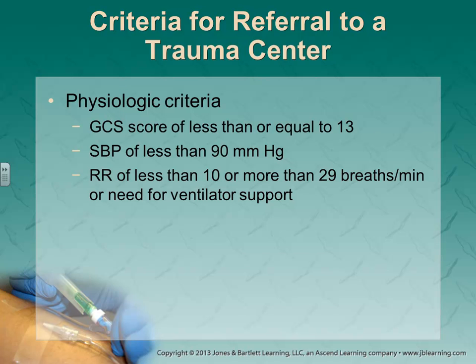Your criteria for referral to the trauma center is a GCS score of less than or equal to 13. All right? Doesn't matter where the deficit is, it's going to be 13. Systolic pressure of less than 90, and then a respiratory rate of less than 10 or greater than 29. Now this is going to be for your traumatic injuries.